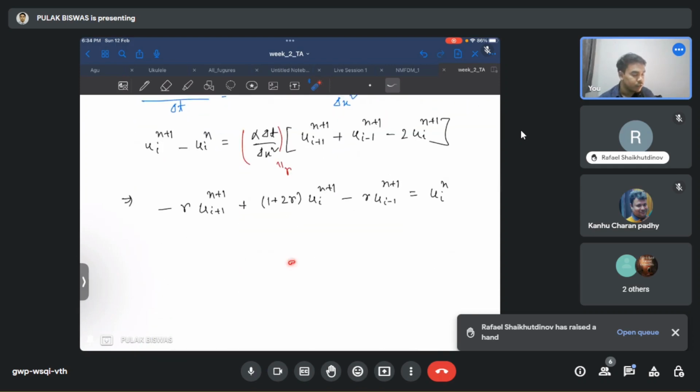But here at different locations, the equation includes the n plus 1th term for different grid positions, I plus 1, I minus 1, and this one is known in this equation. So this type of problem is actually solved by forming a matrix.